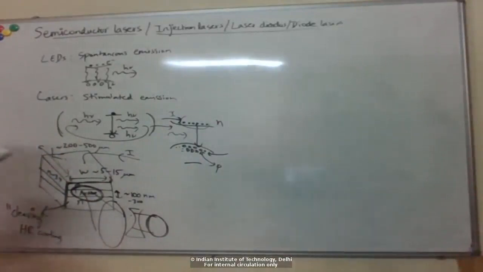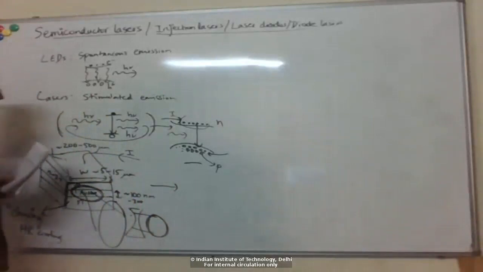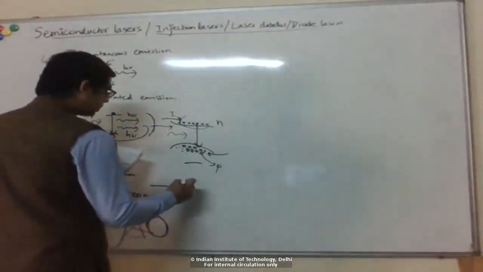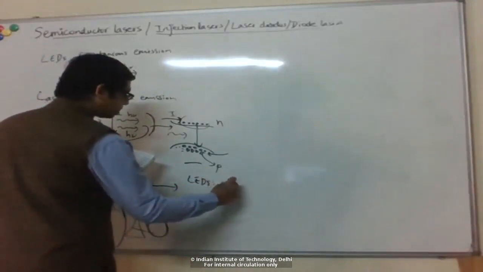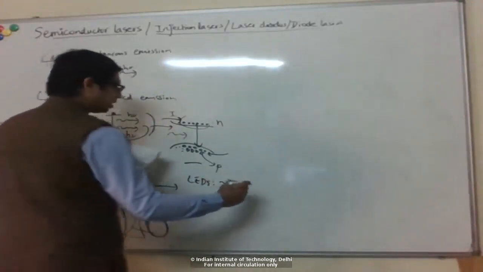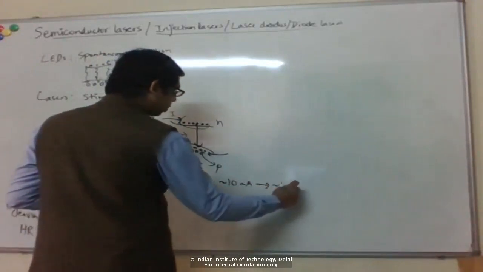So basically what all this does is that it boosts the optical power coming out. For LEDs, we saw that at tens of milliamperes of current, the optical power coming out was of the order of 100 microwatts.